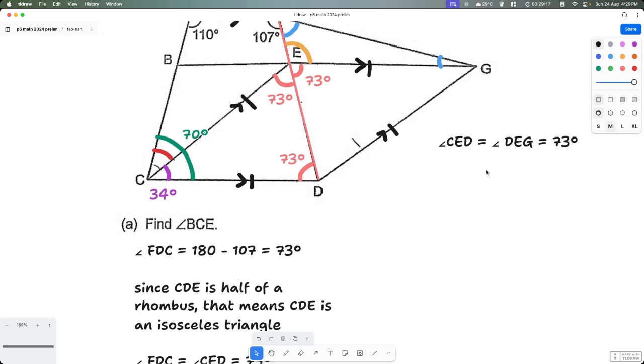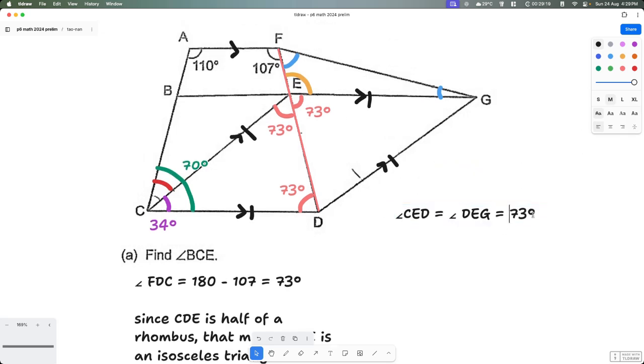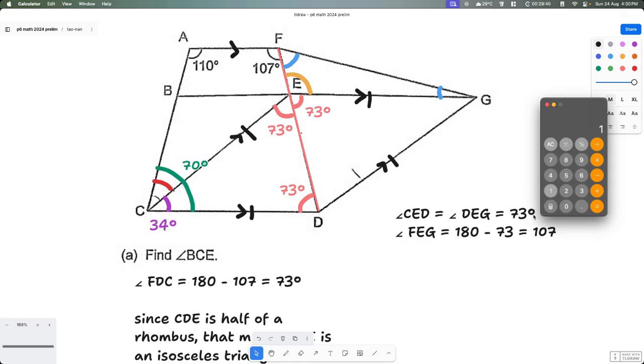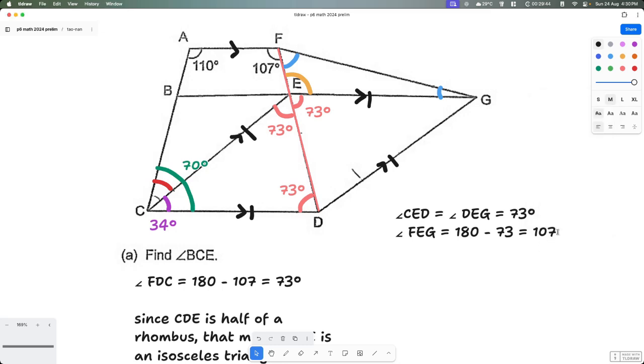Okay, so now we know that this is 73 degrees. So angle FEG is equal to 180 minus 73, which is equal to 107 degrees. 180 minus 73 equal to 107 degrees.